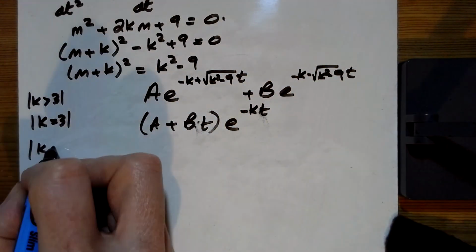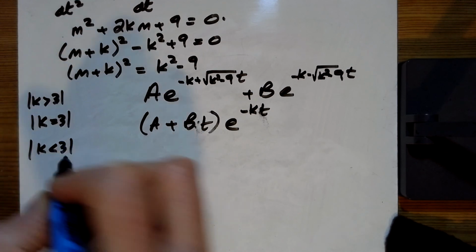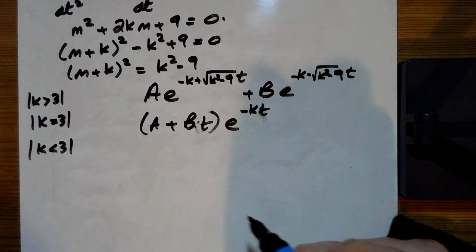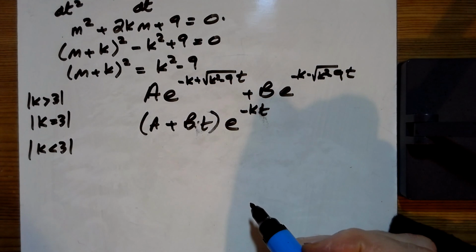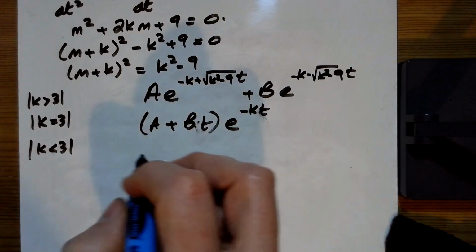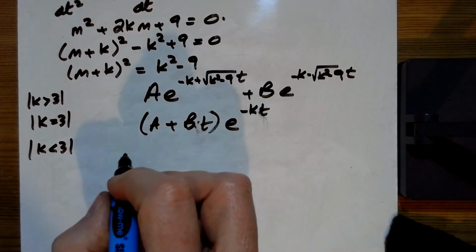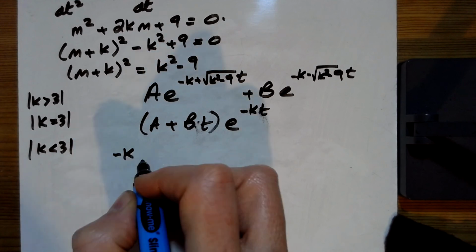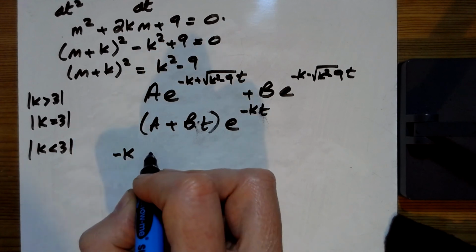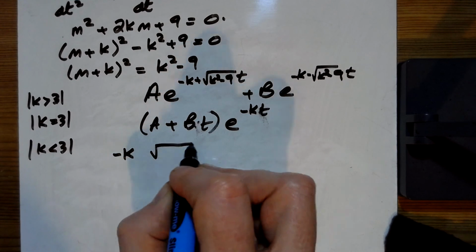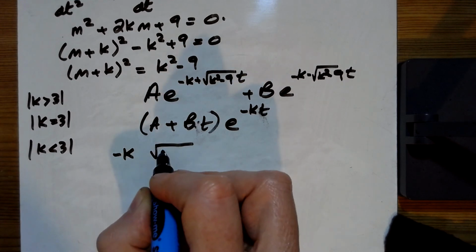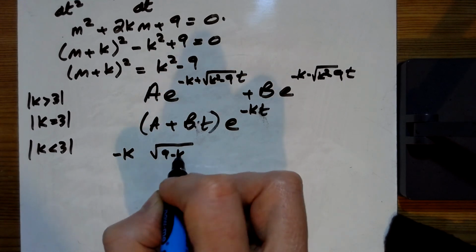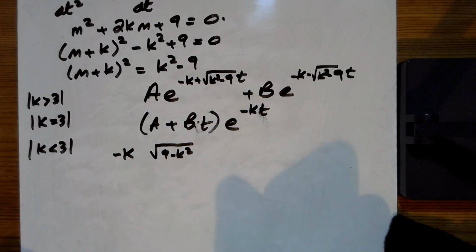Right, so if k is less than 3, then we're going to have the imaginary part of this. Now, the imaginary part of this, the root minus k will be the real part, and then we'll have the square root of 9 minus k squared as the imaginary part there, won't we?